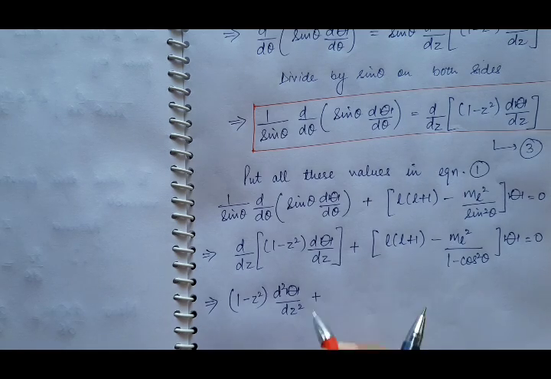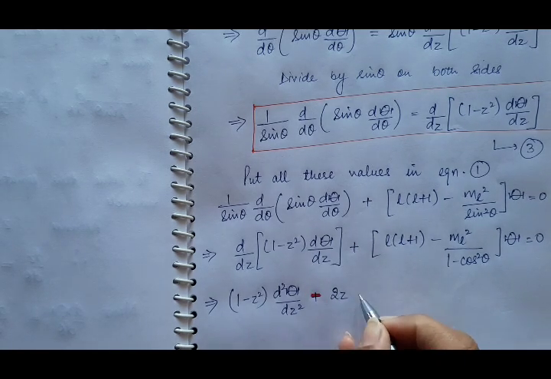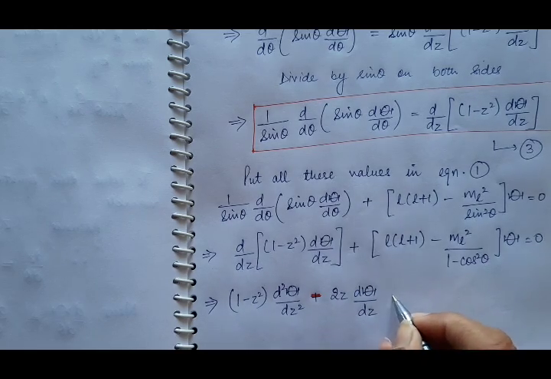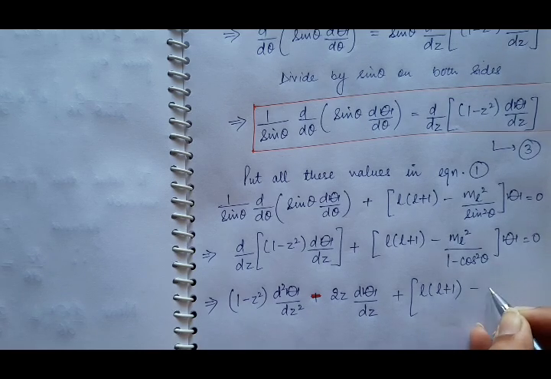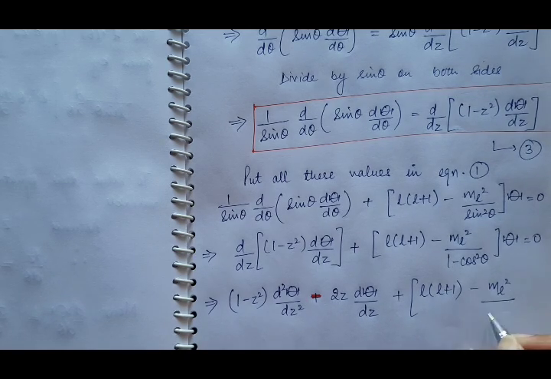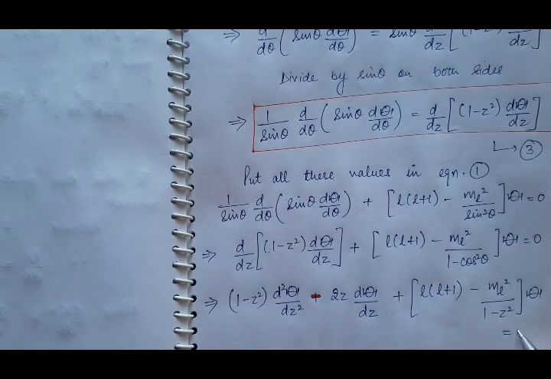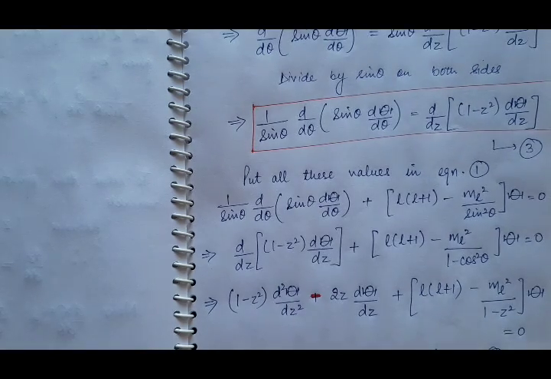So here we will have (1 minus z square) d square theta by dz square minus 2z d theta by dz plus l(l plus 1) minus m_l square upon 1 minus z square, times theta, equal to 0. And suppose this is equation 4.